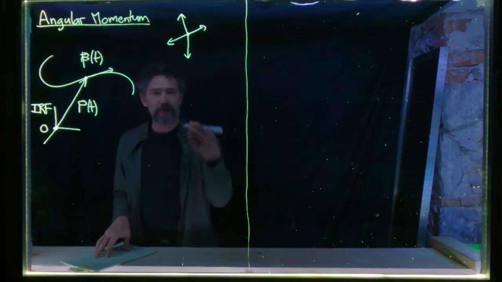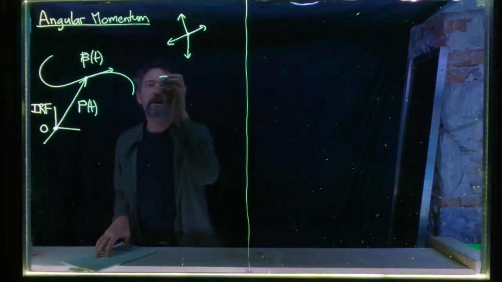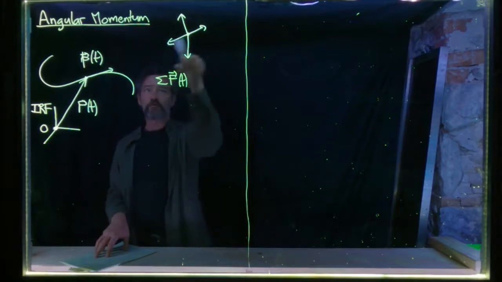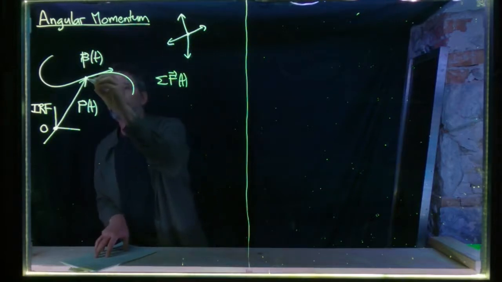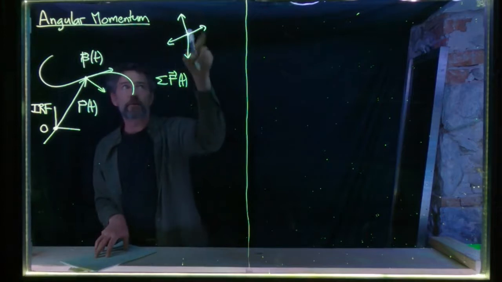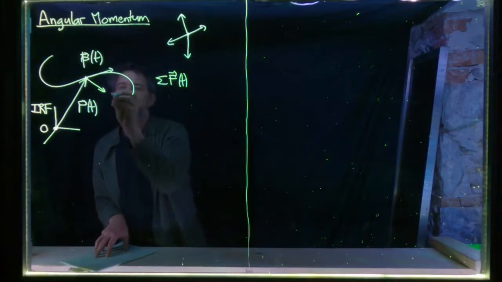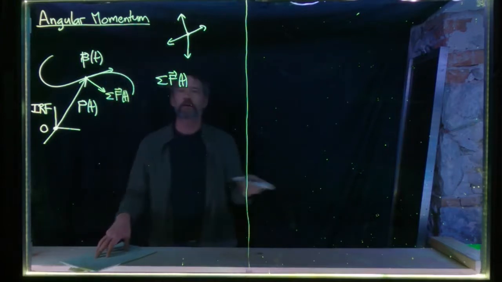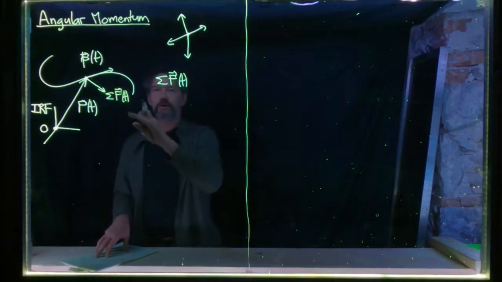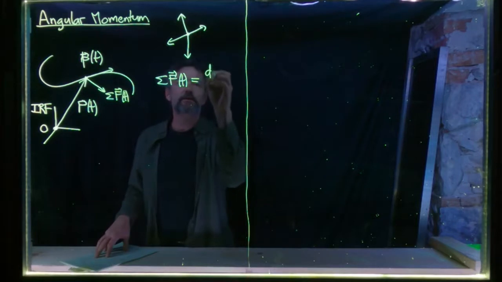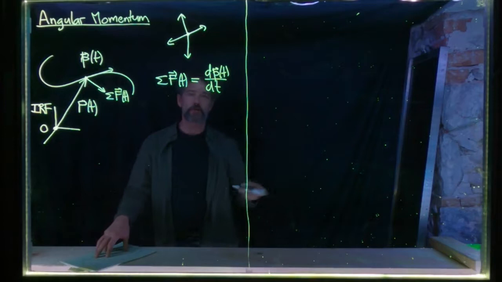This is the fundamental law of Newtonian dynamics, which says that if we add up all the forces acting at some instant of time, so suppose it's this vector here, that's the sum of all the forces acting at that instant of time. That's the net force. And that net force causes the momentum to change. And so the net force is equal to the rate of change of the momentum.